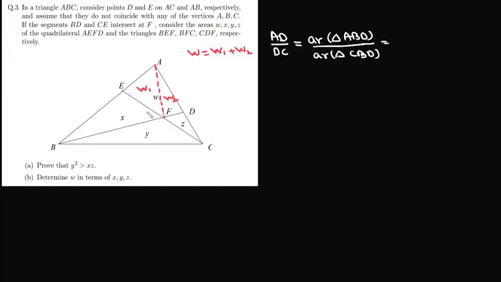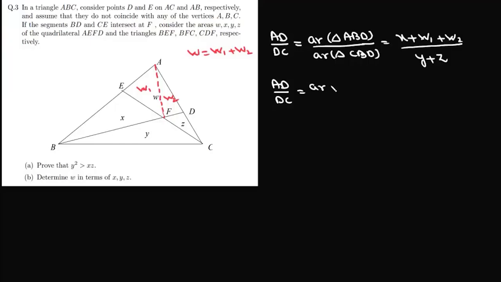Now this ABD is X plus W1 plus W2, upon CBD, which is Y plus Z. Now we can also do this for AD upon DC for these two triangles, AFD and CFD.